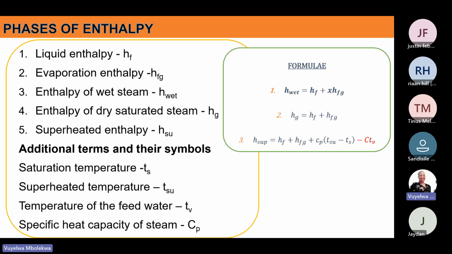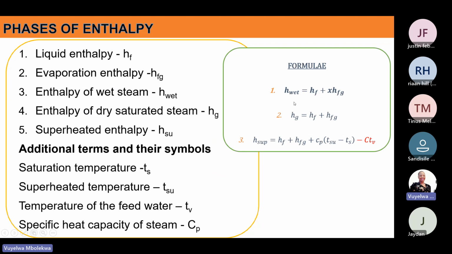That is why we are able to see it when it evaporates, because steam in itself is clear. What we see in wet steam is not the steam, it's the water droplets contained in the steam. So that's the formula to calculate the enthalpy of wet steam, HF plus X HFG.